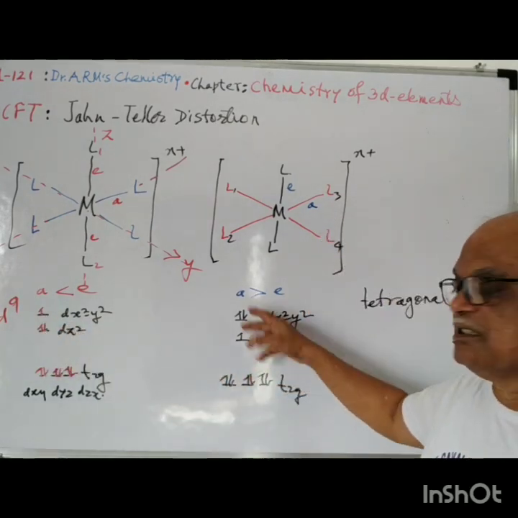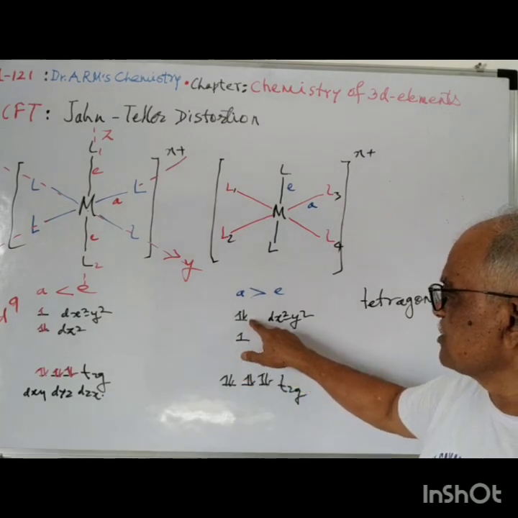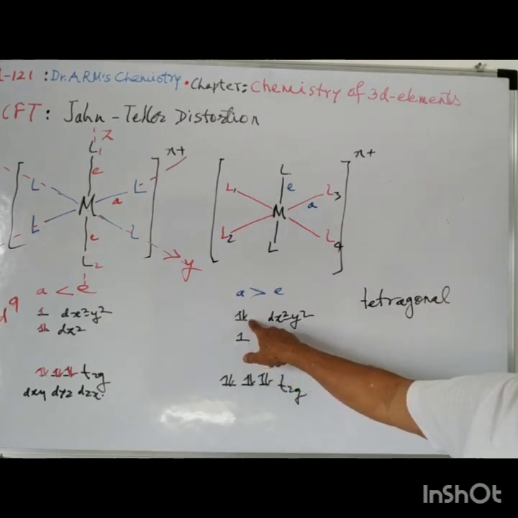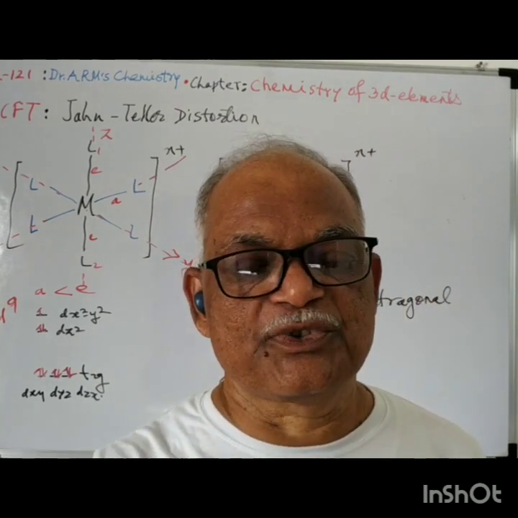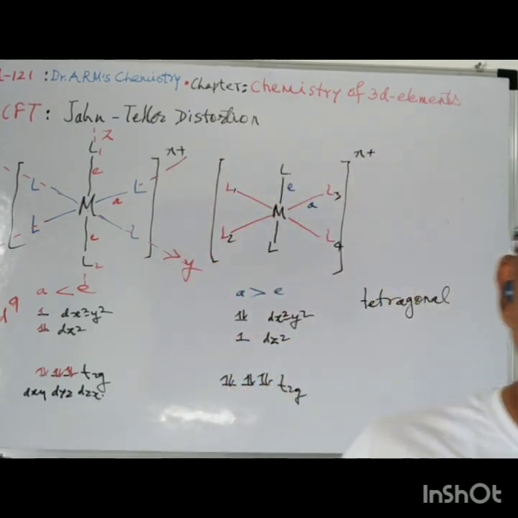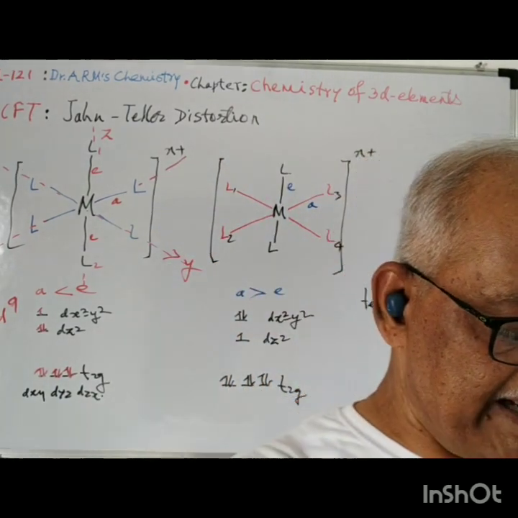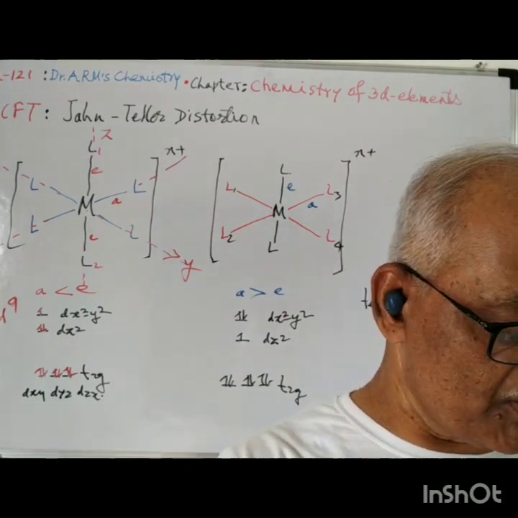Here it is in the reverse order. Here it is dZ2 with 1 electron, dx2 minus y2 with 2 electrons. So this is unequal distribution of electrons. So this causes the distortion. So the resulting structure is called a distorted octahedron or tetragonal distortion.